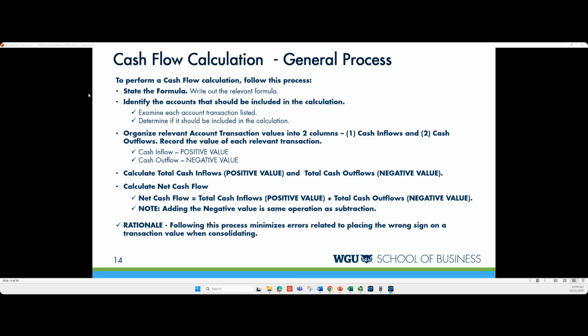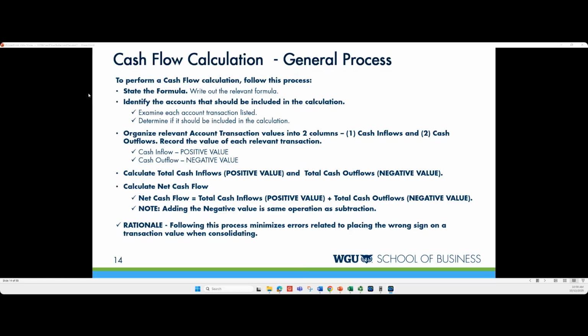So after we've processed all of the relevant transactions, we're just going to total up our cash inflows. That's going to result in a positive value. We're going to total up our cash outflows. That's going to result in a negative value. Then we calculate our net cash flows, which is the positive cash inflows plus the negative cash outflows.